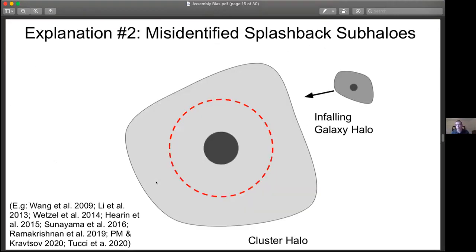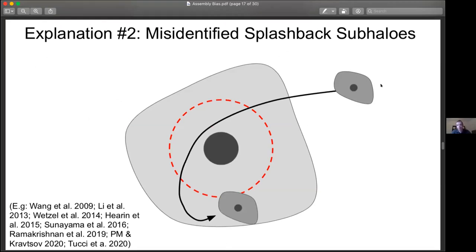Another approach is our friend the splashback radius. Imagine that you have some dark matter halo that's falling into, again, a massive cluster or some other big halo. It goes on some orbit that innocently takes it through the splashback radius, but briefly goes outside of the virial radius, which is this non-physical definition that we're often forced to use. What would happen is this halo would be categorized as a central dark matter halo and be included in the assembly bias analysis.